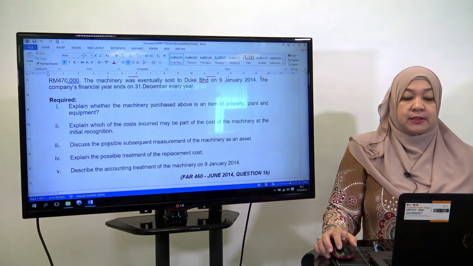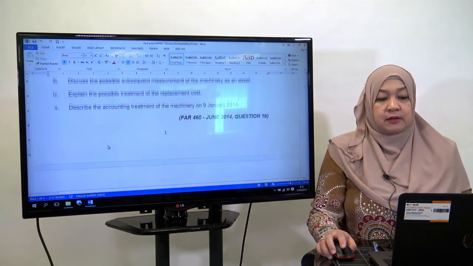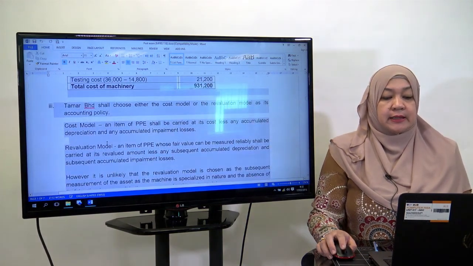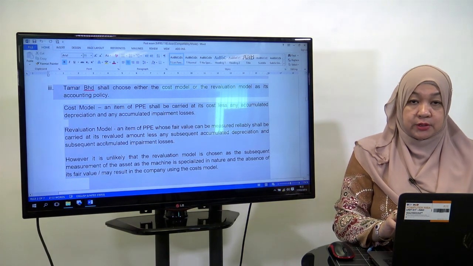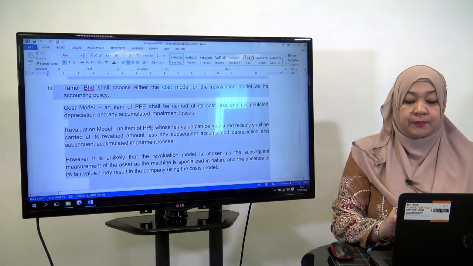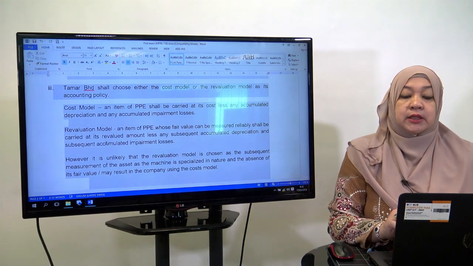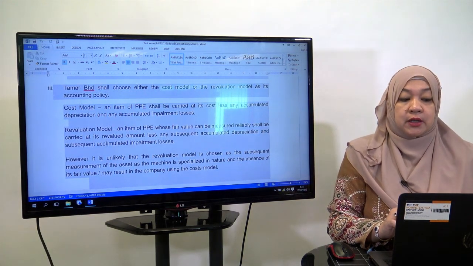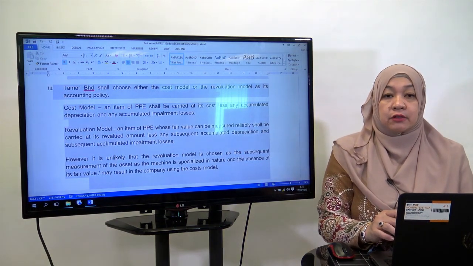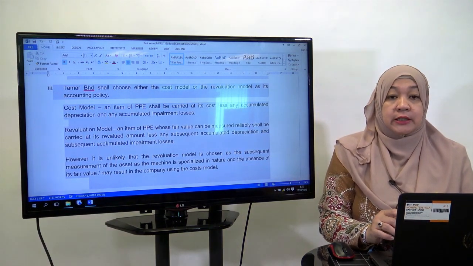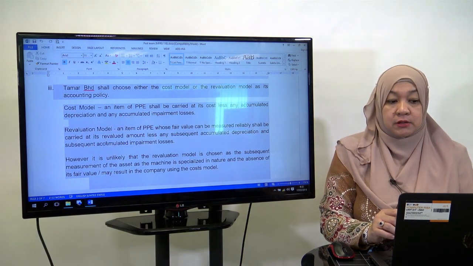Discuss the possible subsequent measurement of the machinery as an asset. As an asset, they can use either the cost model or the revaluation model. If you choose the cost model, then the PPE should be carried at cost less total accumulated depreciation and less total accumulated impairment loss.